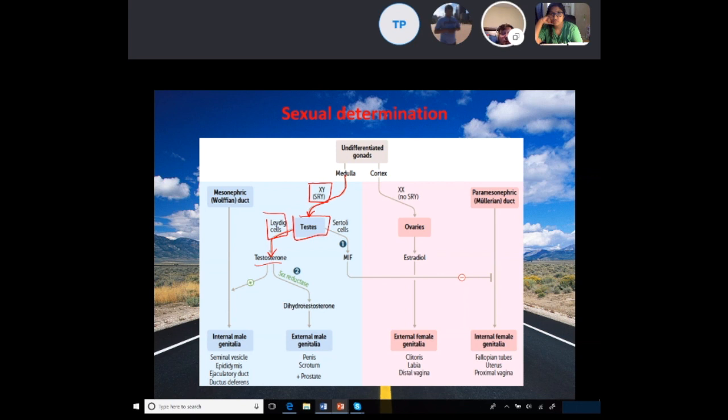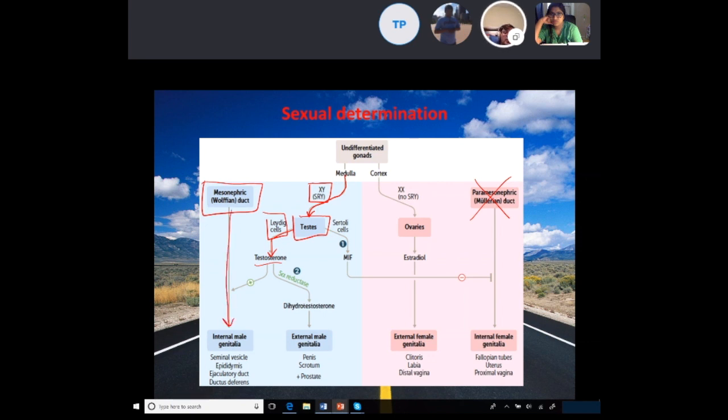So testosterone has two jobs. The first job is, like we saw in the previous slide, with testes, we're going to have the degeneration of the paramesonephric or Mullerian ducts, and we're going to have the continuation of the mesonephric or Wolffian ducts.